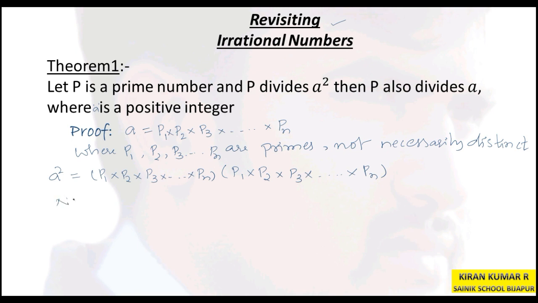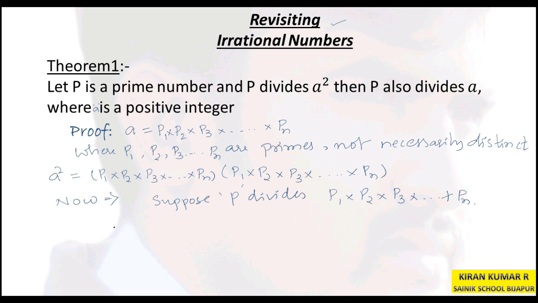Now observe it. Suppose p divides p1 into p2 into p3 into so on till pn. It means that this p should be any one among p1, p2, p3 till pn. It should be any one.